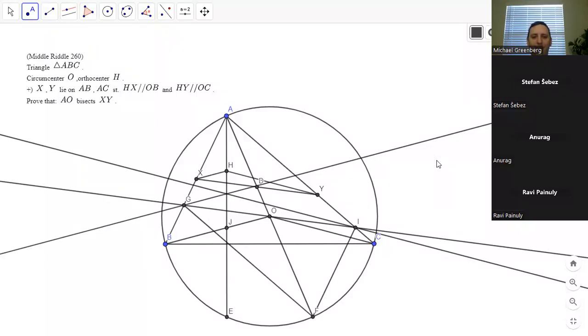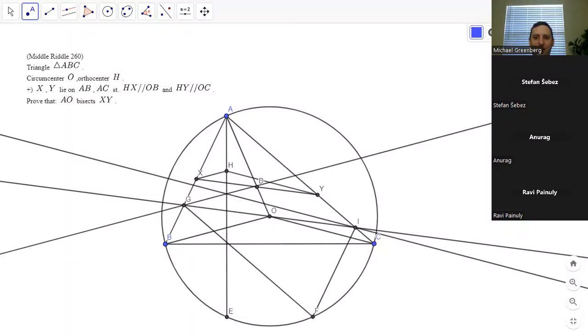I just think I might be making it harder than it has to be, like the trig Ceva. Maybe we pick some other point, besides using this parallel line, some point other than F. I don't know. I mean, this looks fairly complicated.